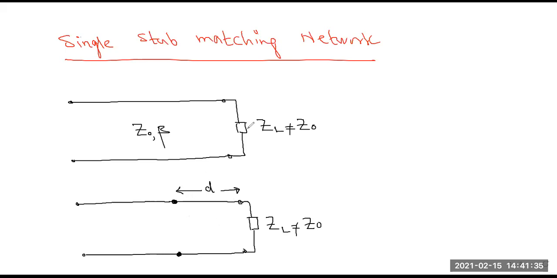And then one possibility is that we can connect our stub in parallel. So you will connect a piece of transmission line, which is the stub, with one point connected with this point, and of course it is not connected over here, and the other terminal of the stub is connected at this point.